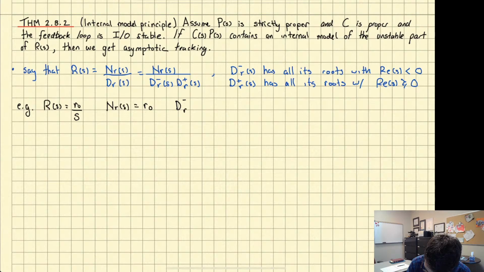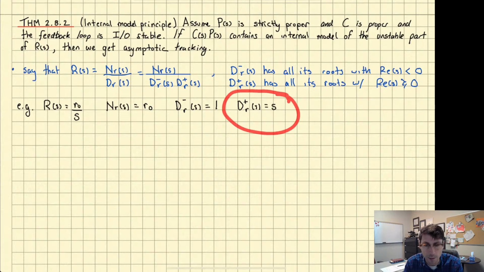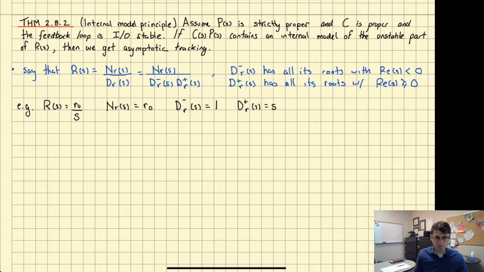The stable part of R is anything in the denominator with roots less than 0. In this case, there are none, so it's just the number 1. And d plus R of S are all the roots of S with real part greater than or equal to 0. In this case, it's just S. So this is the unstable part of R in terms of the theorem.